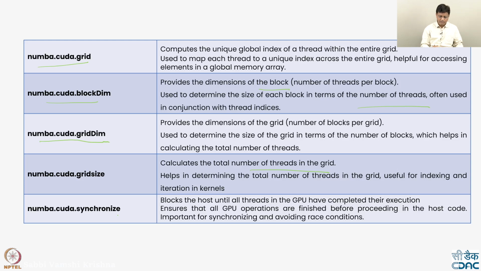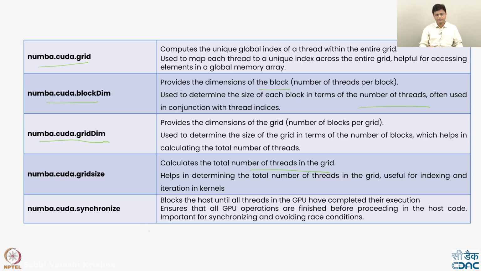Next, a synchronization function is also there, as we discussed the various synchronization functions. Numba also provides some synchronization functionality. It blocks the host until all the threads in the GPU have completed their execution. You can say it is a kind of device level synchronization.